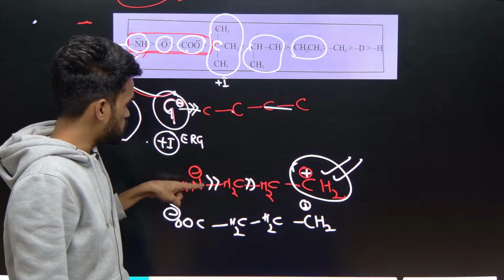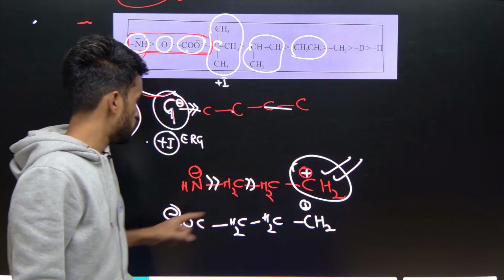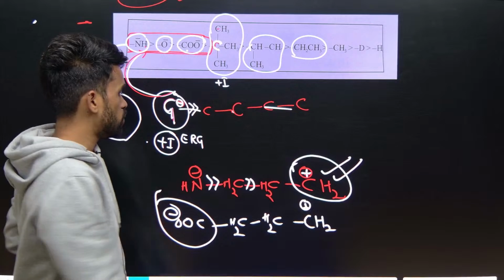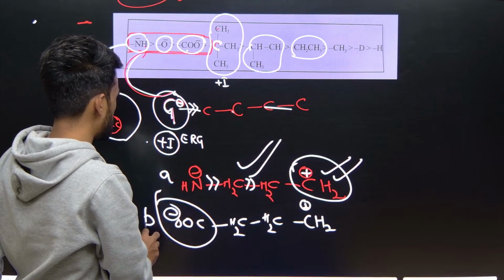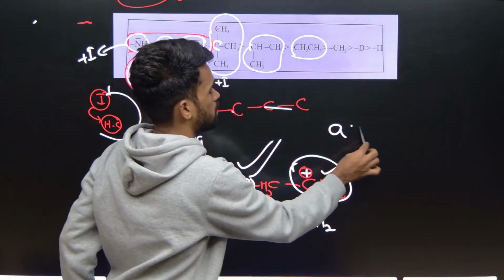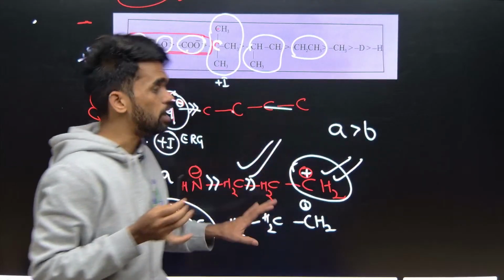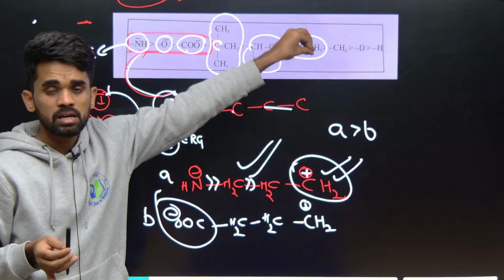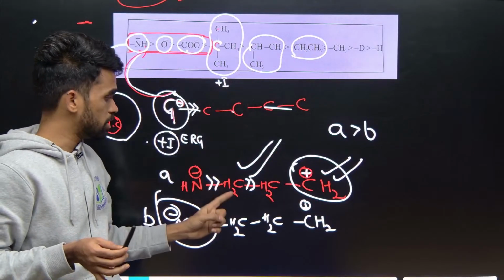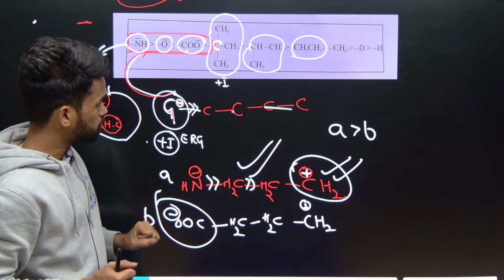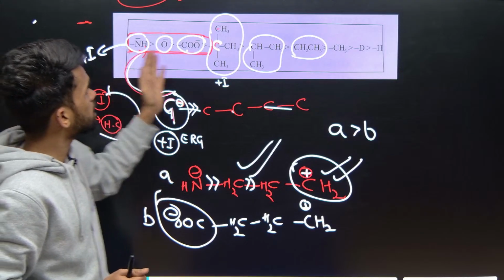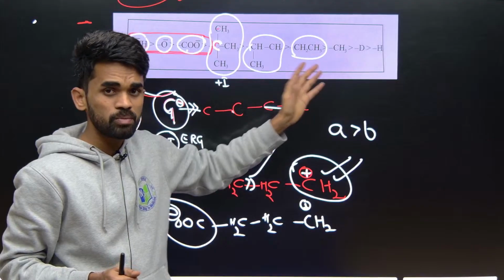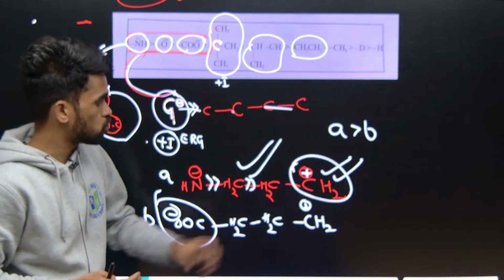Now NH minus is a more releasing group than COO minus, therefore the effectively stabilized one is A. So A is more effectively stabilized than B, therefore I can say A is more stable than B. Hope you got the application of this order in questions. Not only NH minus and COO minus, anything out of this might be given in the exam and may be asked in questions like this.